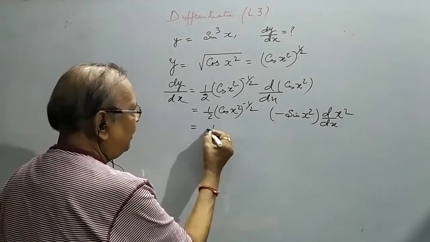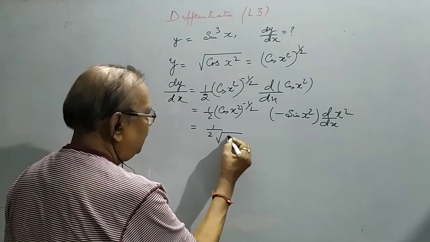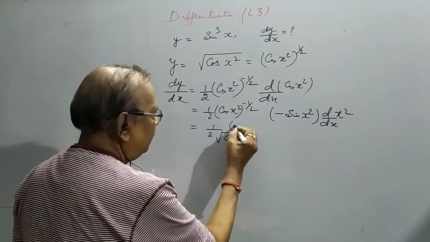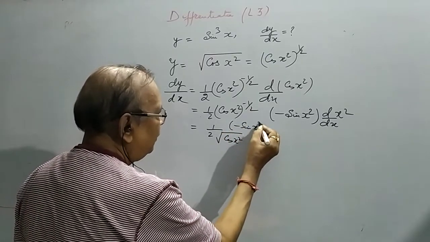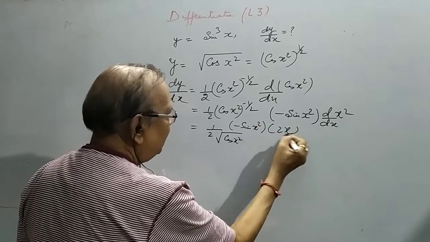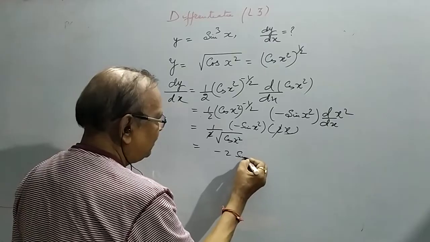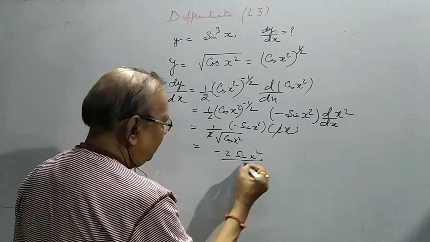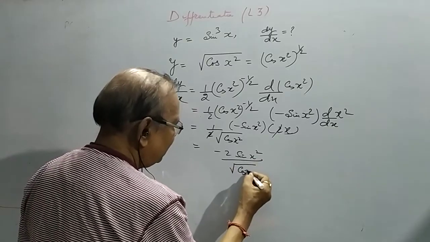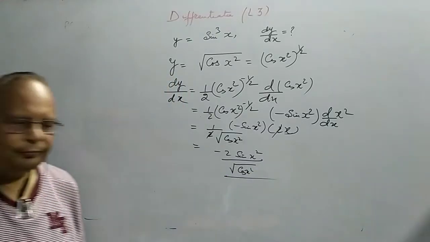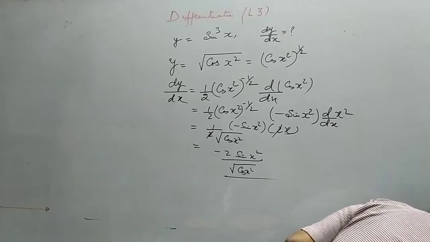Now we get half under root cos x square into minus sin x square into 2x. 2 cancels 2, the answer is minus x sin x square upon under root cos x square. That is all. Again we have solved the problem.